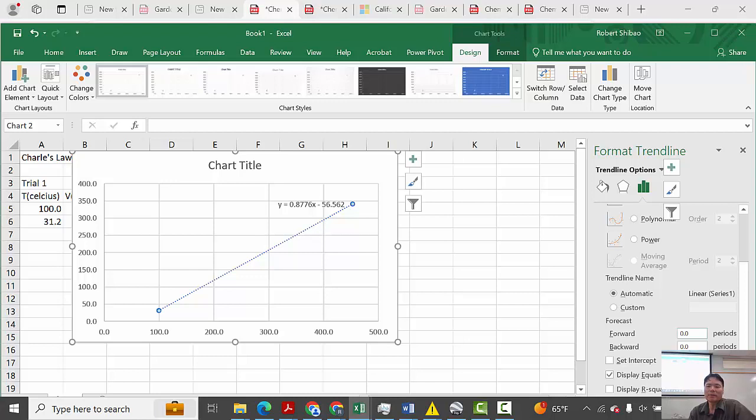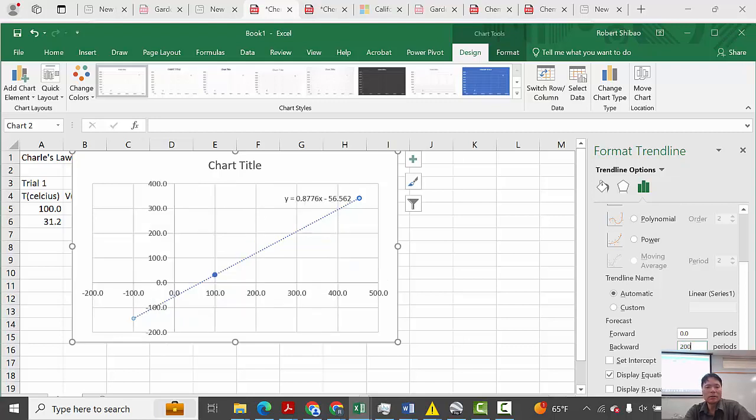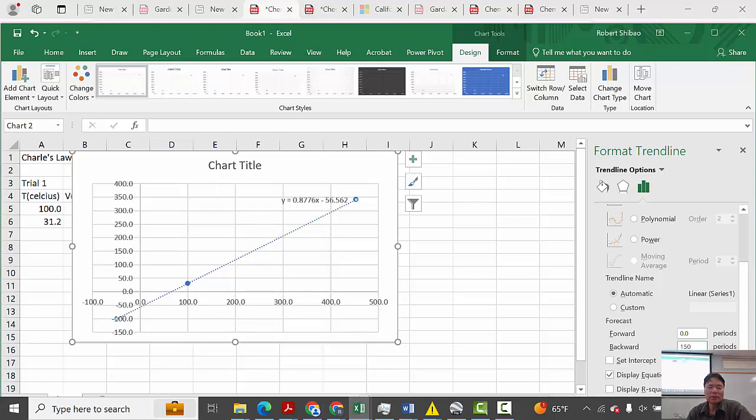And then I'm going to forecast this backwards. Maybe I'll forecast this backwards 300 periods. That's probably too much. I'll forecast it backwards 200 units. Maybe I'll forecast it backwards 150 units like this.